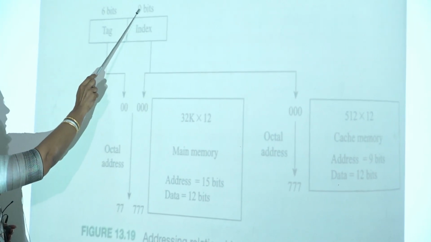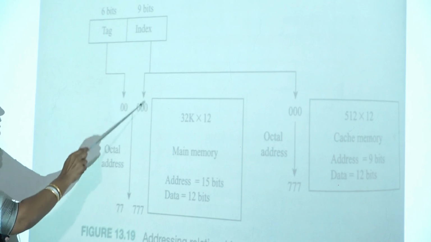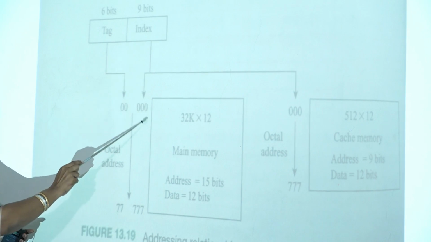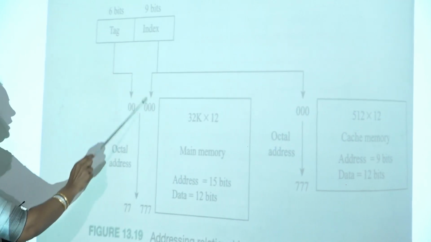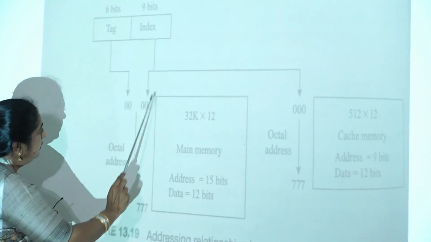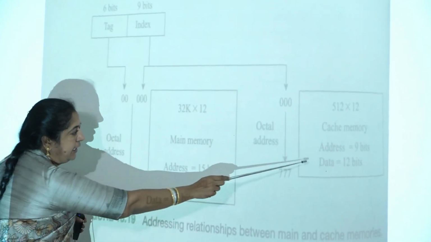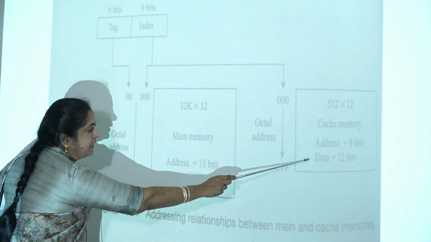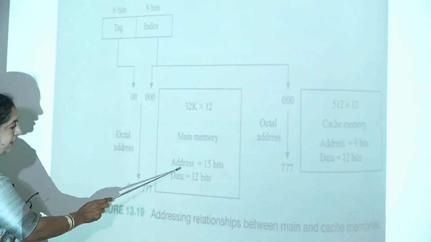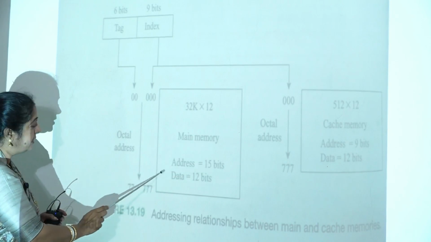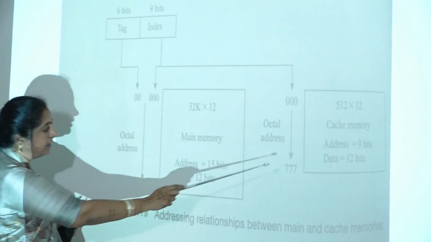In the same way, the index has 9 bits, and 3 octal digits are used for representing the index. Now, the mapping between main memory and cache memory: this is the main memory and this is the cache memory. In both we have a 15 bit address and 12 bit data, here also the same.